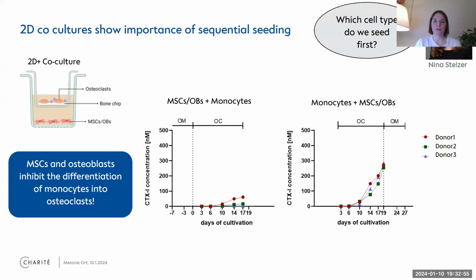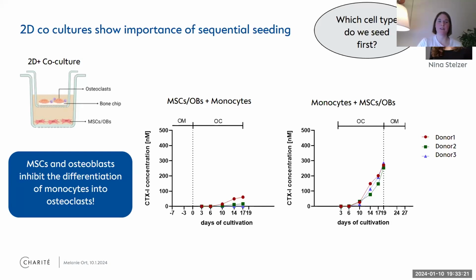She then was wondering which cell type we seed first. And actually, again, proving that I never had osteoclasts on my first bone marrow chip, MSCs and osteoblasts, so the mesenchymal stromal cells and the osteoblasts, actually inhibit the differentiation of monocytes to osteoclasts. So if you add them together, they will just stop the process and you will not have the osteoclasts on there.